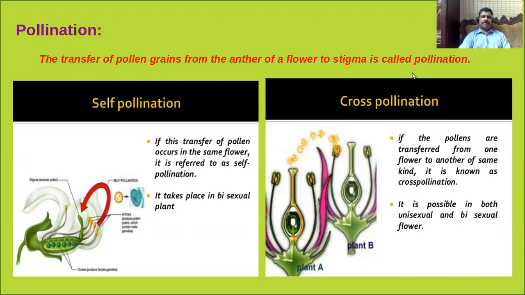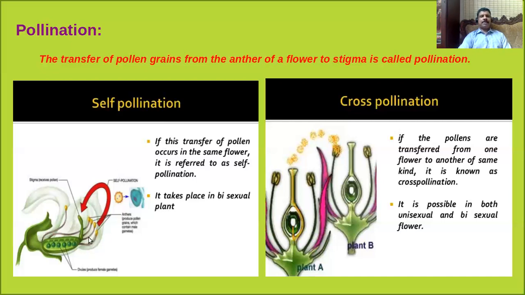Dear students, pollination may be either self-pollination or cross-pollination. What are the differences between self-pollination and cross-pollination? Yes, in self-pollination, the transfer of pollen grains occurs in the same flower. Is it clear?